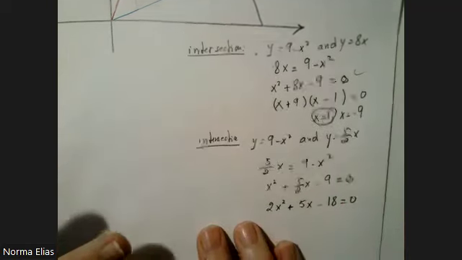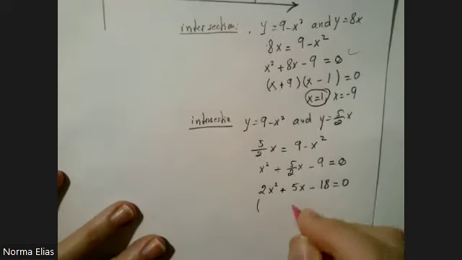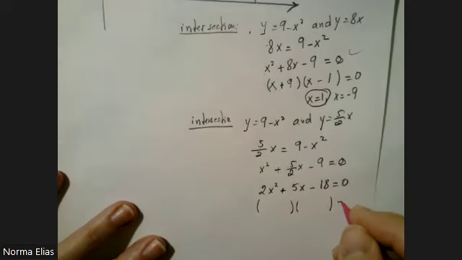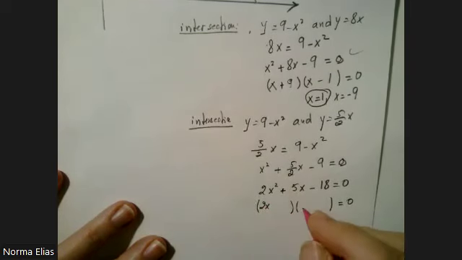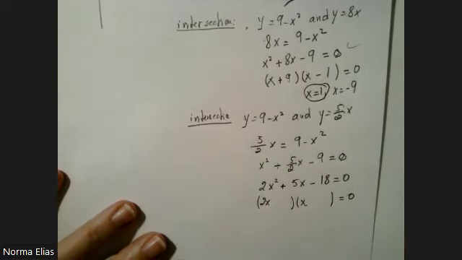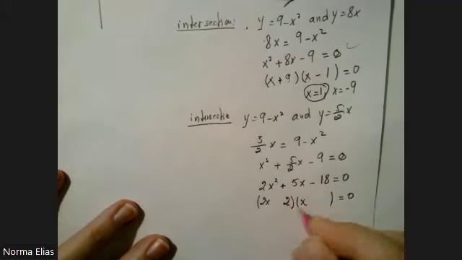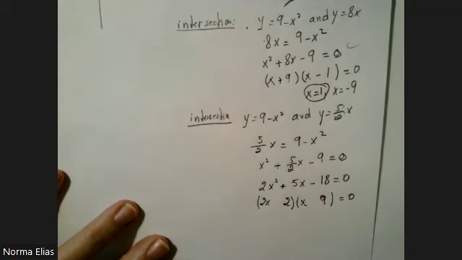Equal to 0. Okay, and then we need to factor this. Of course, one of them has to have the 2x, one of them has to have an x, and then we have 18. So it's 2 and 9. I'm just guessing, I'm not sure.